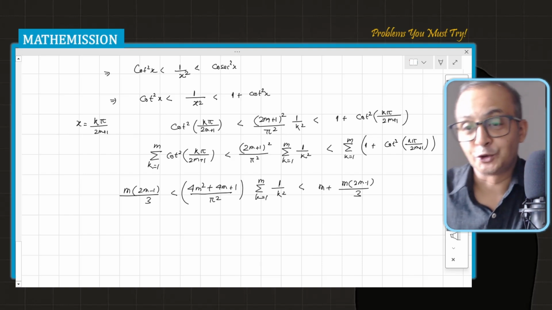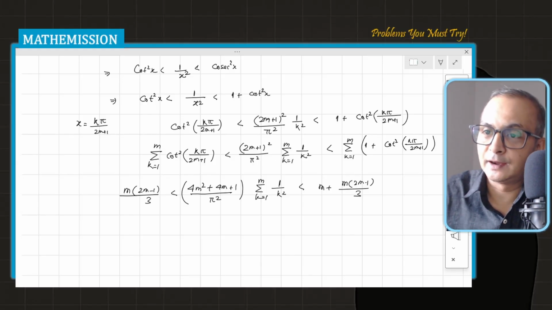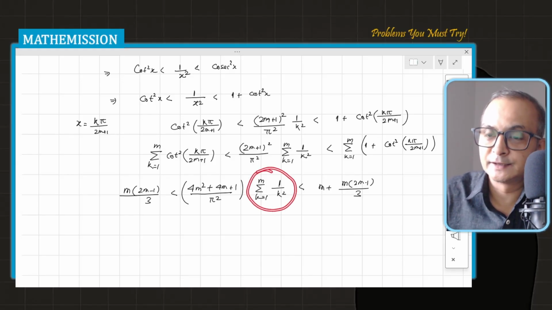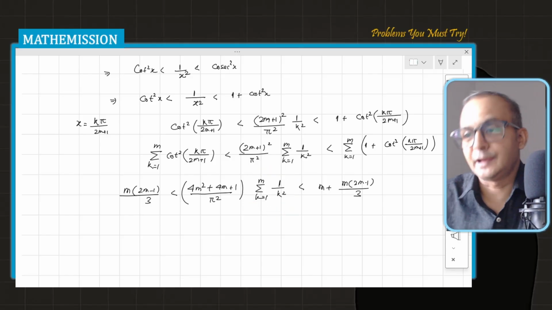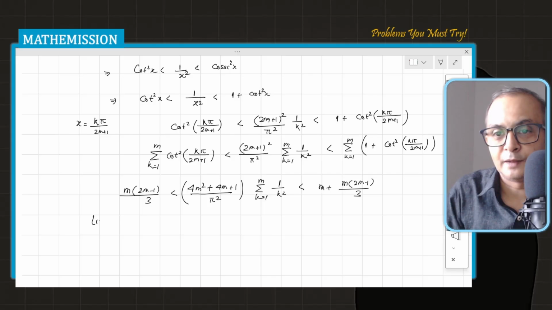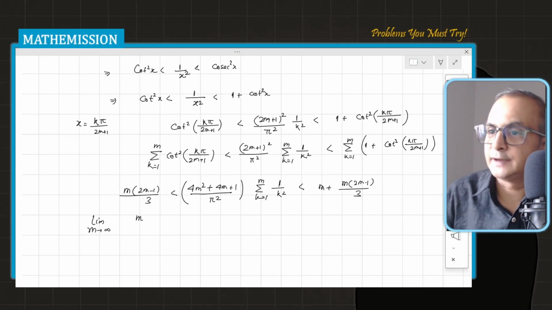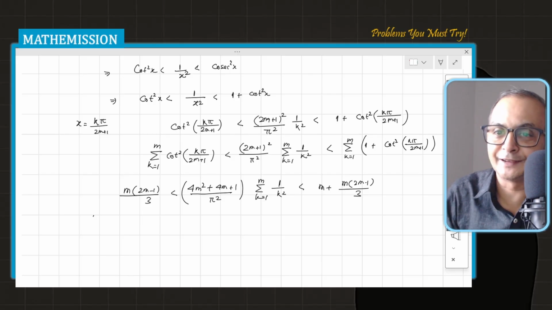Now you know what to do, because since we are actually working on the infinite sum of this, I can apply the limit m approaches infinity on both sides. So let's apply it, limit m approaches infinity. Before that, I need to have this term alone actually.